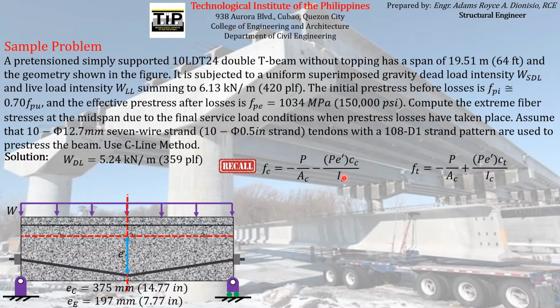So according to these formulas, if we know the magnitude of P and the magnitude of E prime, we can already solve for the total stresses at the pre-compressed and the pre-tension fibers, since all of the other parameters are already given here.